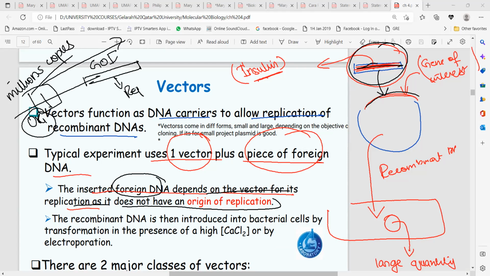Clear? But the gene of interest doesn't have this region of replication, so you will get the origin of replication from the vector. Clear? The recombinant DNA as a whole.